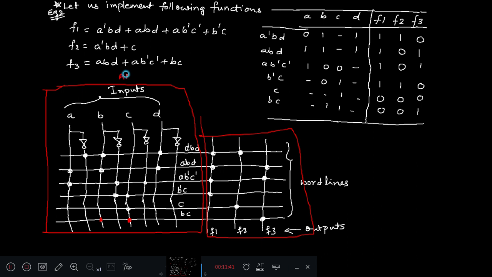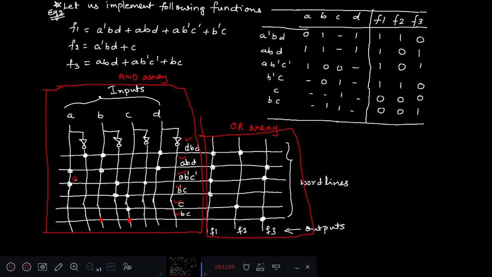We have seen the AND array computed 6 product terms, and these 6 product terms are combined with the help of the OR array to form 3 functions F1, F2, F3.